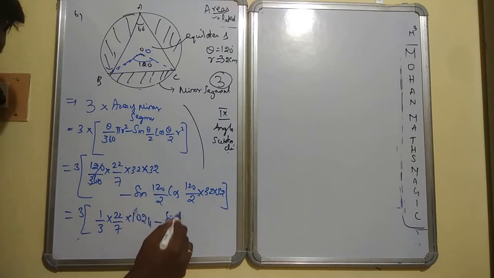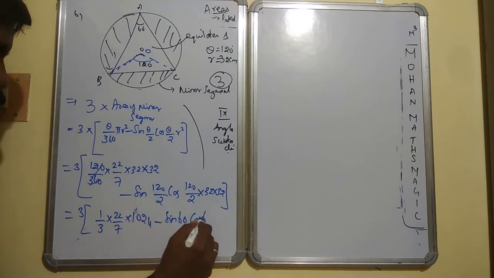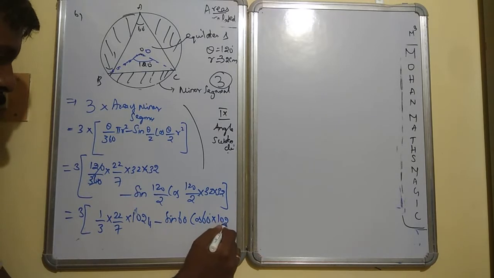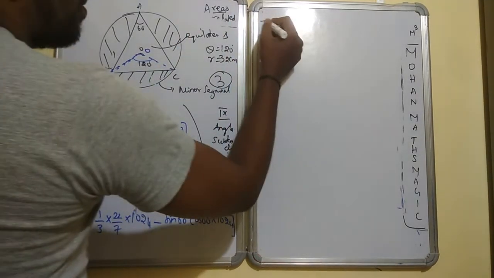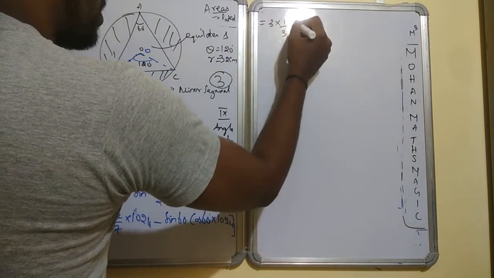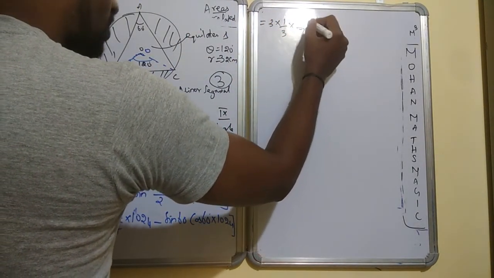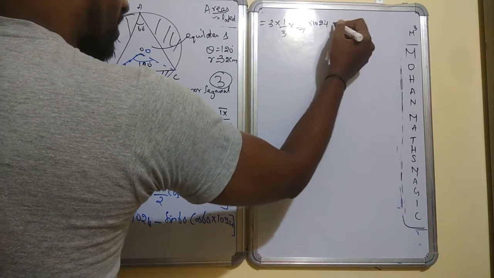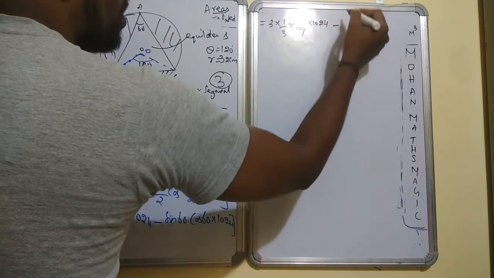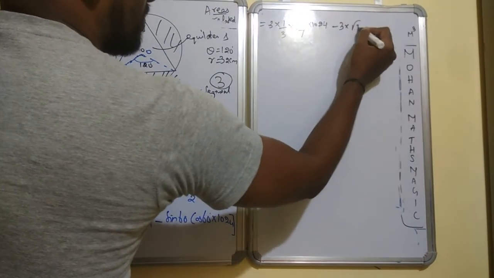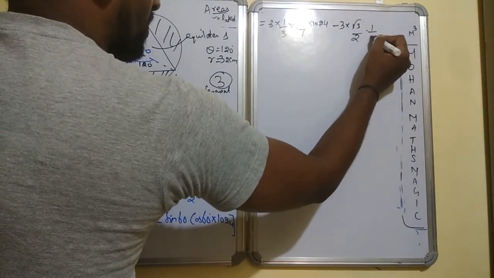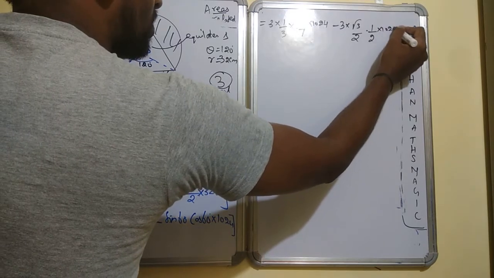This is the sin 60 value, this is the cos 60 value, and this is 1024. Therefore, if you multiply 3 inside: 3 into 22 by 7 into 1024 minus 3 multiplied inside, sin 60 value root 3 by 2, cos 60 value 1 by 2 into 1024.